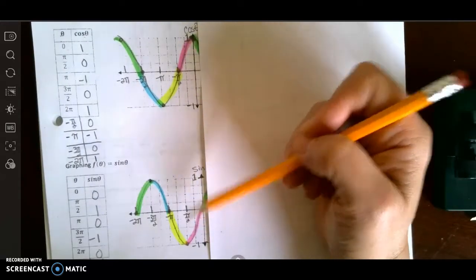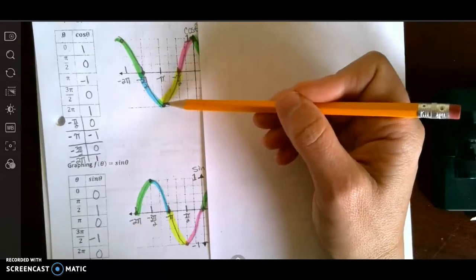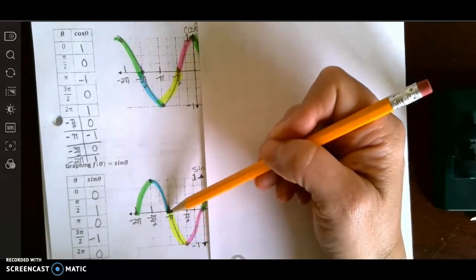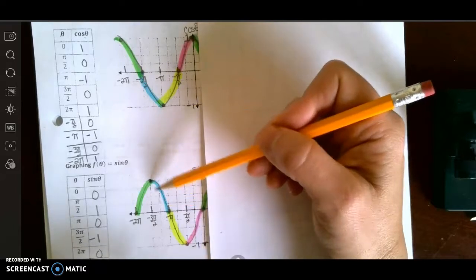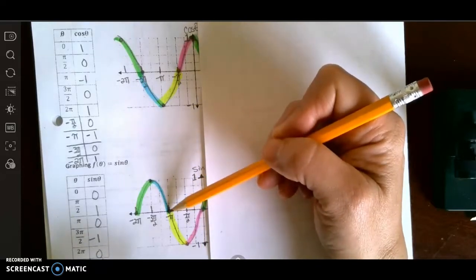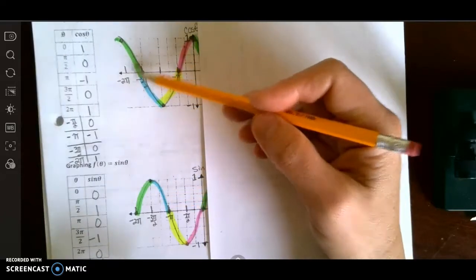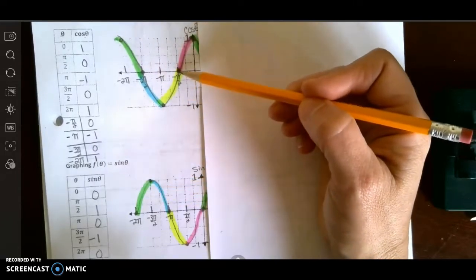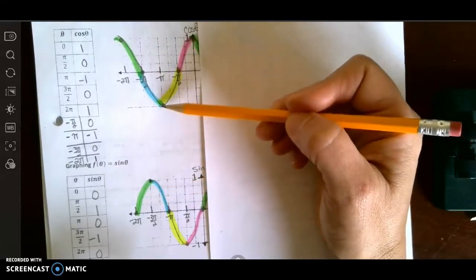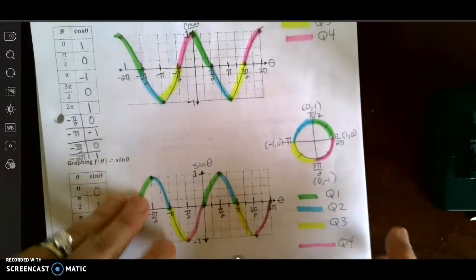One's positive, one's negative. Yellow is below, and yellow is below. Both negative. Blue is below, but blue is above here. One negative, one positive. Both of the greens are above, so they're both positive. So right here, from -pi over 2 to -pi, that is when they are both negative.